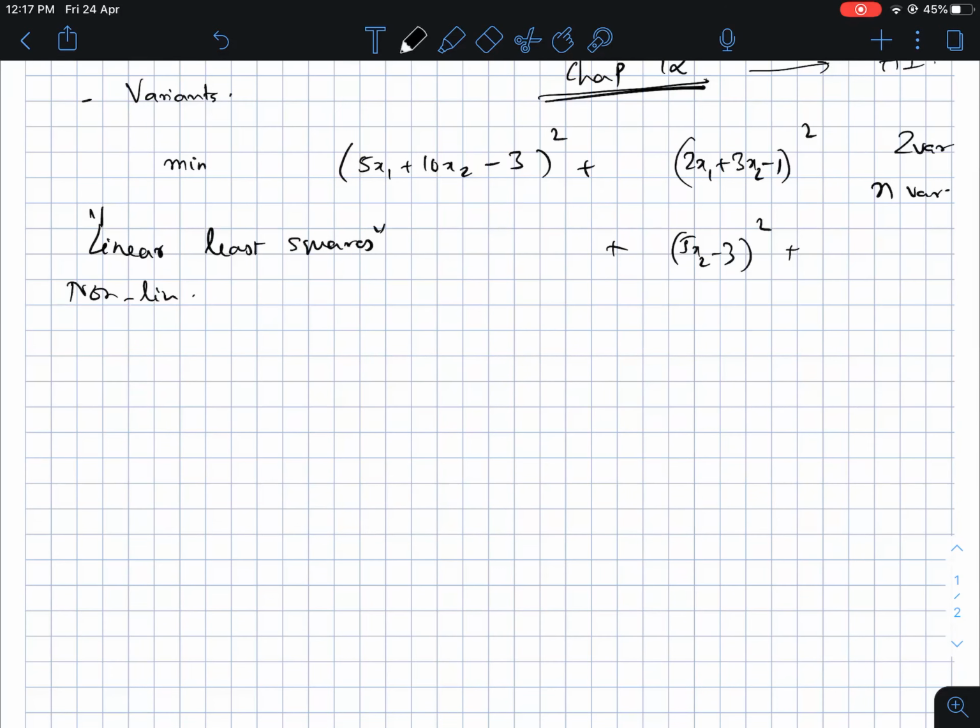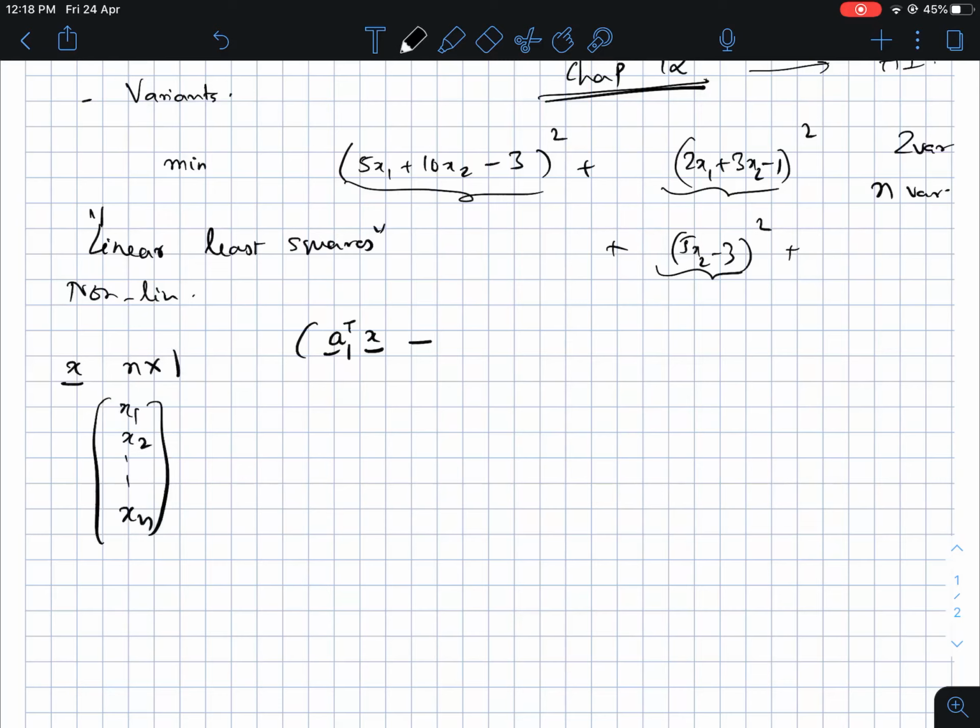So in the linear least squares problem, this is what we have. In general, your expressions are like this: a1 transpose x. Let x be the vector of variables, an n cross 1 vector where each entry in x is a corresponding variable, just like we did in quadratic forms.